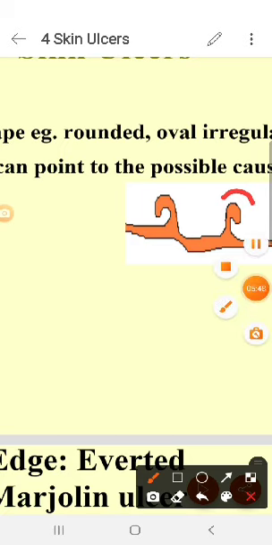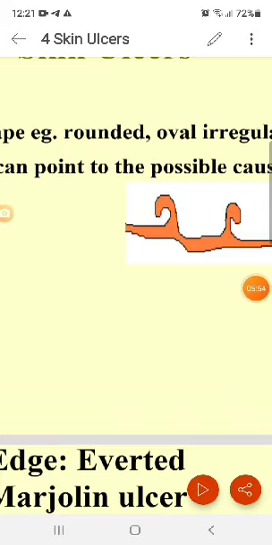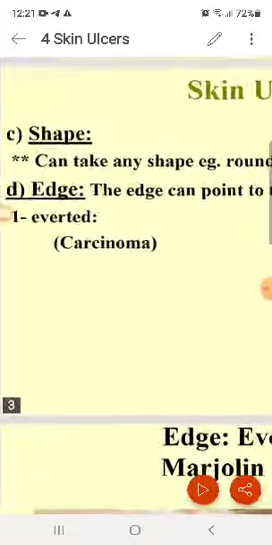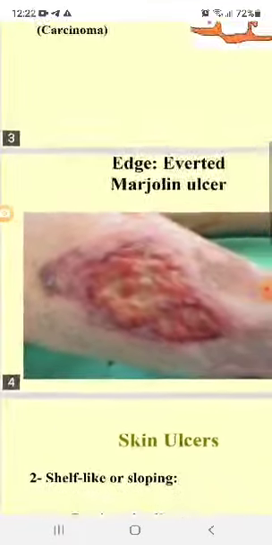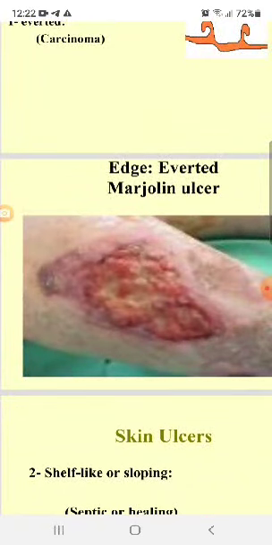And this is an example of these. You can look to this everted edge. This is Marjolin ulcer.